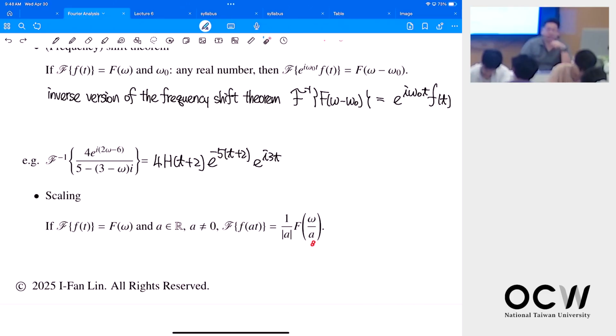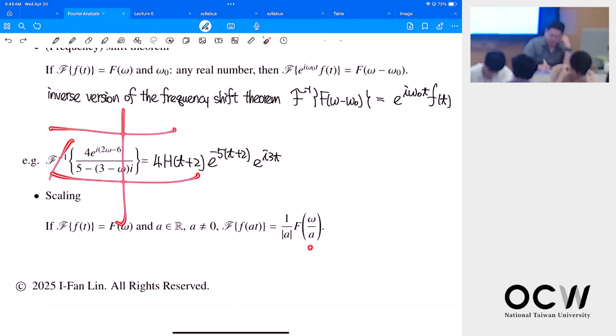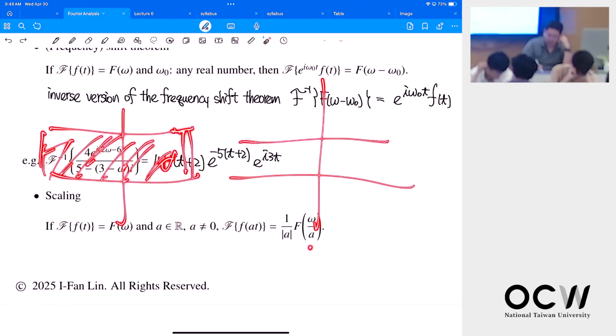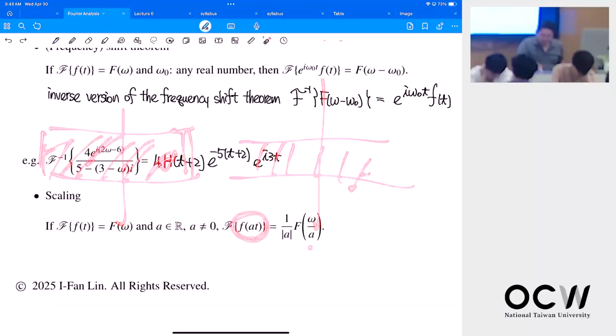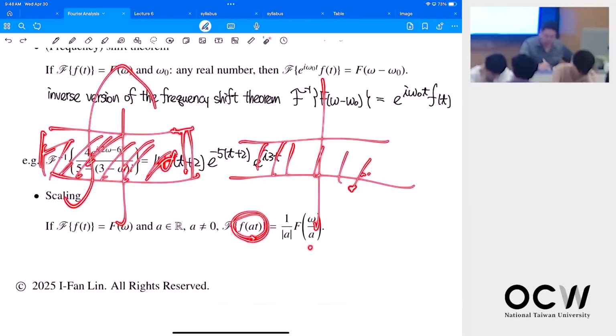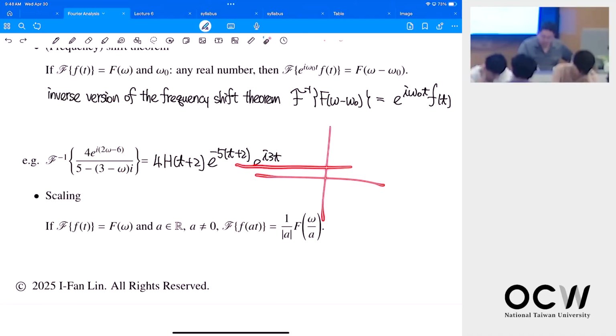Remember the Parseval theory? The energies, either in time domain or frequency domain, should be the same. So in time domain, if this is my energy, I find the integration, so the area is here. Then in frequency domain, I should have the same area. If in time domain this function becomes bigger, then in frequency domain I should do the compensation, so it will be more flat.